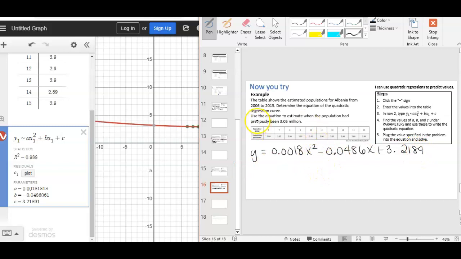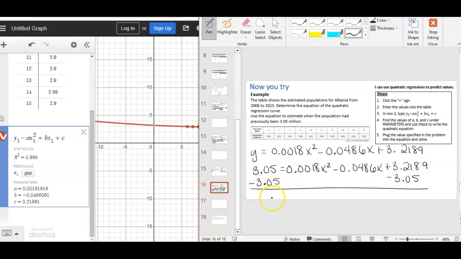So it says now use the equation to estimate when the population had previously been 3.05 million. So we want to figure out what is x when the population is 3.05. So we have 3.05 equals 0.0018x squared minus 0.0486x plus 3.2189. Remember, to solve a quadratic, we're going to need to set it equal to 0. So I'm going to go ahead and subtract 3.05 from both sides.